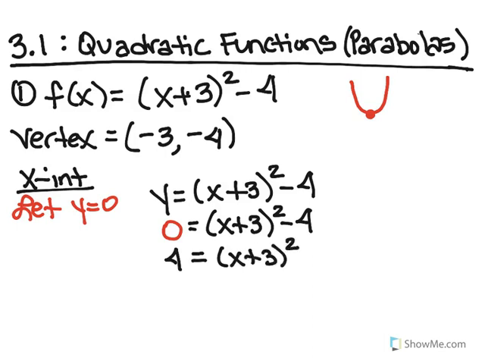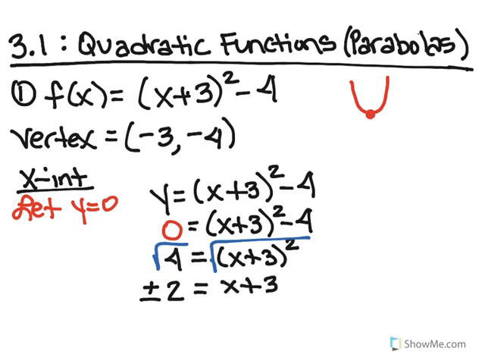And then we're going to take the square root of both sides. Now, with the square root method, you always got to do plus or minus. So that will give me plus or minus 2 equals x plus 3.